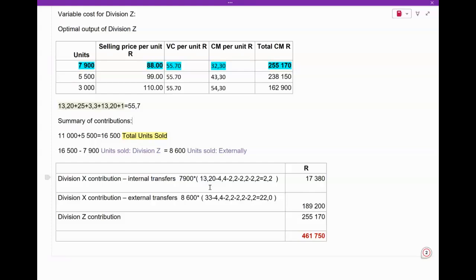Here we've basically just validated the manager's claim of Division Z, who are saying if we reduce the cost of the component to our Division Z, the company will actually make more profit. So that, ladies and gentlemen, is your 7.2.